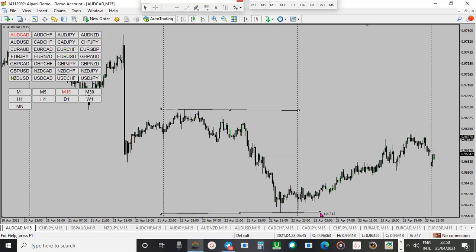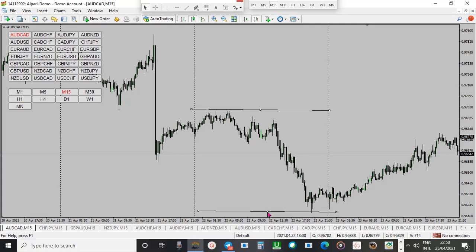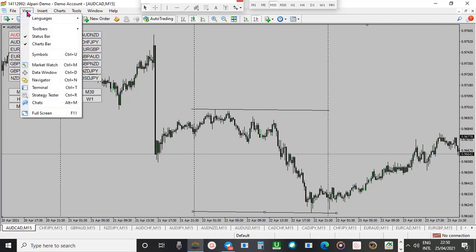So banks manipulate high and low all the time. So liquidity resides here and here. Okay, by liquidity it means where you can easily place your order without getting caught by the market makers.